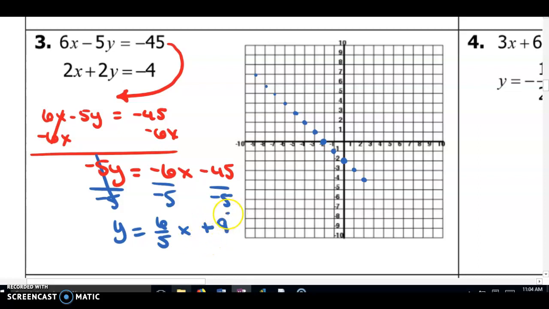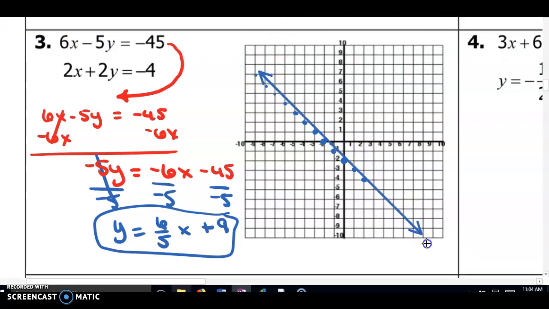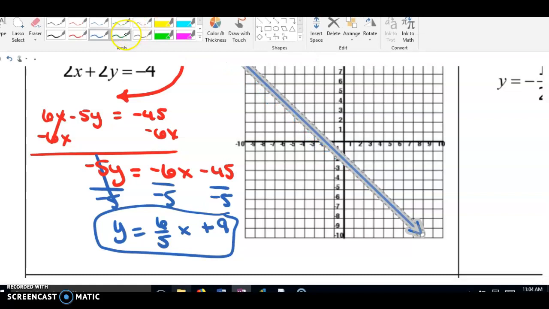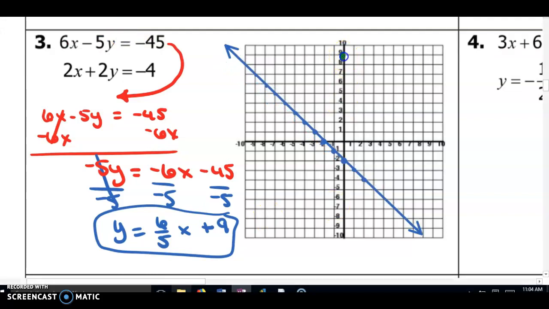All of that should be positive, and then you see that even though we have a slope that's a fraction, the y-intercept is not a fraction. So let me just connect to this line. And then we can graph this. My y-intercept's 9.